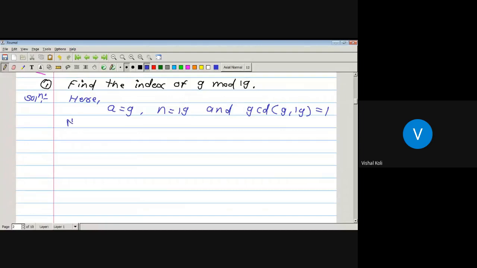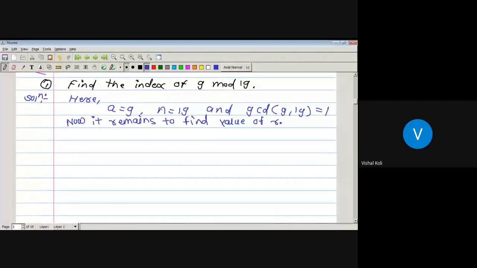Now it remains to find the value of r. Okay, now 1 is congruent to 1 modulo 19, therefore 1 is not a primitive root of 19.